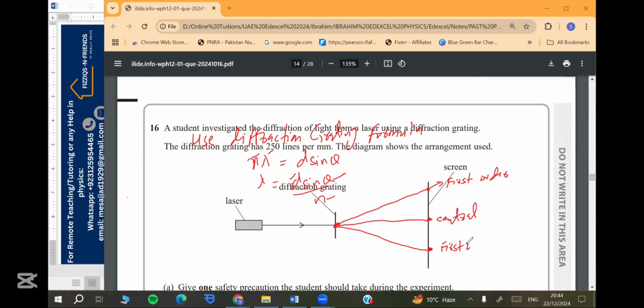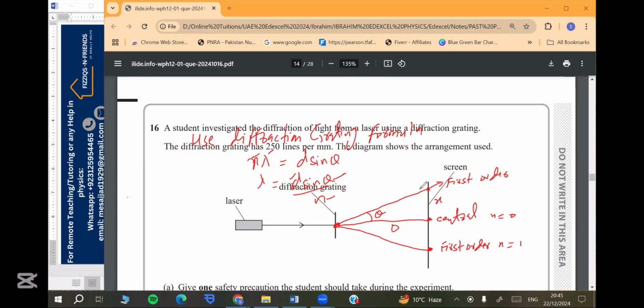First order means n equals 1 here, and n equals 0 at the center. Now this is actually theta. So in order to find the wavelength, you should find the distance this and this, and this theta. When you have all these things, you will be able to find the wavelength very easily.